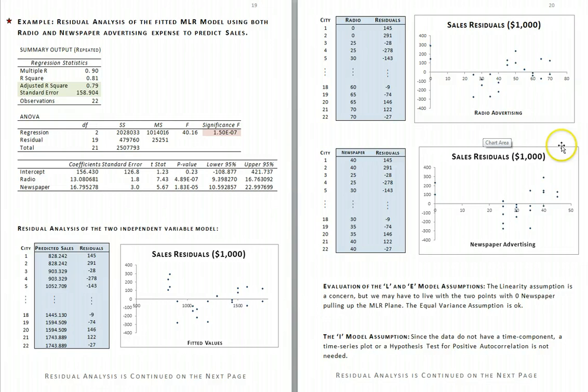Here's the plot. Values of newspaper advertising expense appear horizontally and residual values appear vertically. Again, a certain amount of curvature appears in this plot, which again puts in question the linearity model assumption.